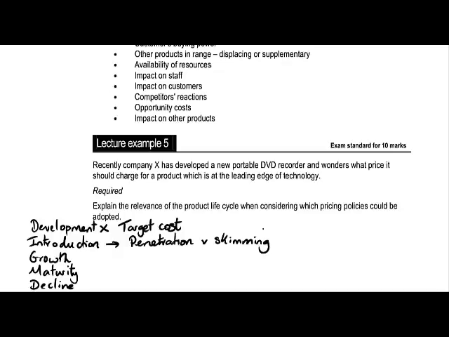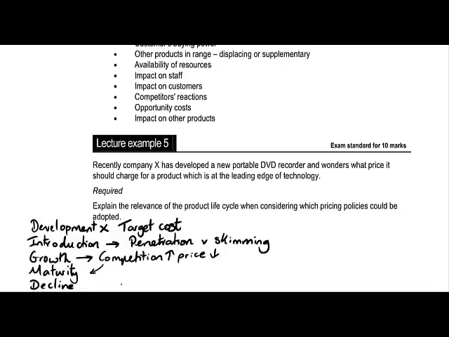In this particular case, because it's technologically advanced, we're probably looking at skimming rather than penetration. Now, that high price is going to act like a signal for your competitors to move in on those profits. So competition is likely to go up. So therefore, the price may well have to come down at that point. And that process will carry on really into the maturity stage as well.